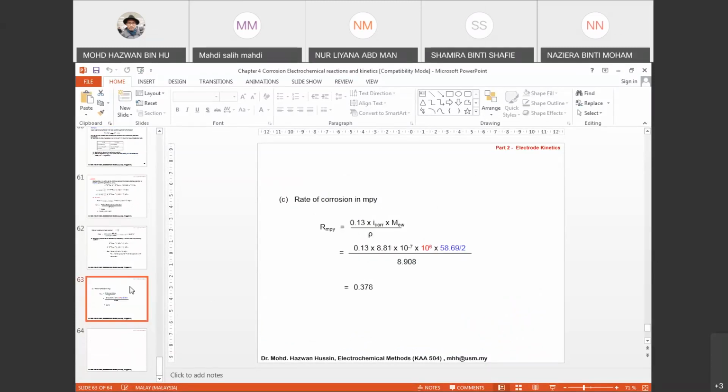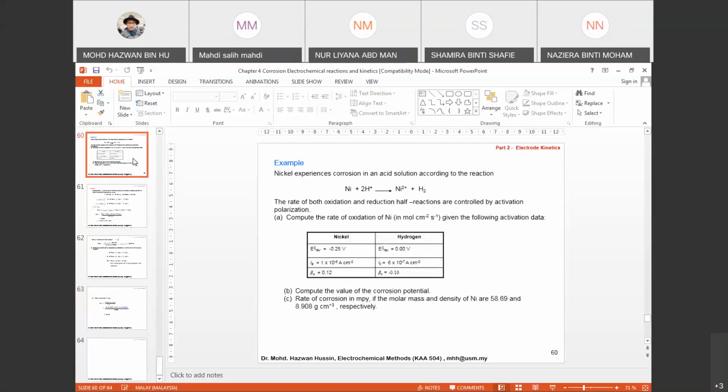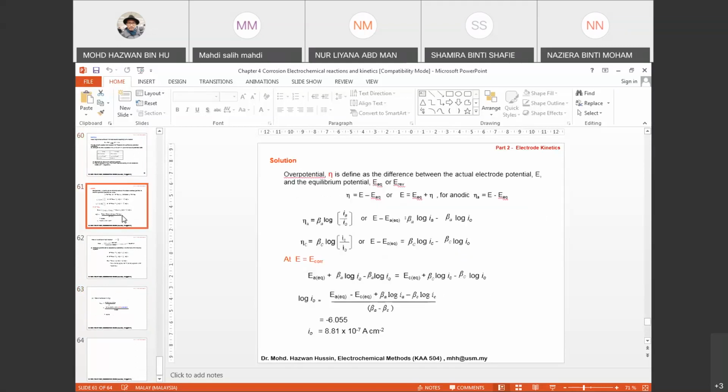The last example, page 60. This one? Which question? Question A. Okay, this one? Yes.